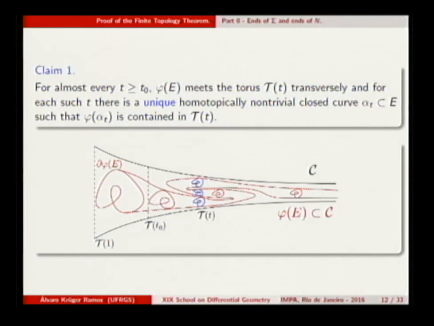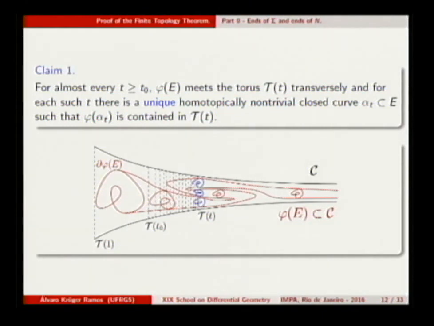So let us assume that there are two homotopically non-trivial closed curves, and the point is, since this end of sigma goes inside the cusp end forever, it can't go and come back and not go inside again. So if you have two closed curves here, you should have a third one. And if you have this third one, at least two of them will bound a compact annulus here. And now we use this foliation of this region by tori.